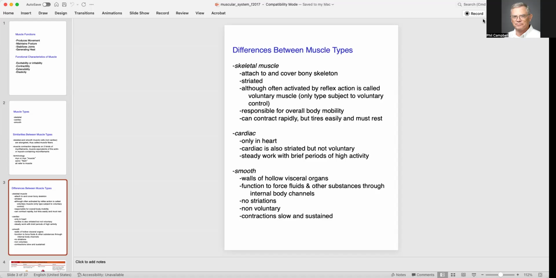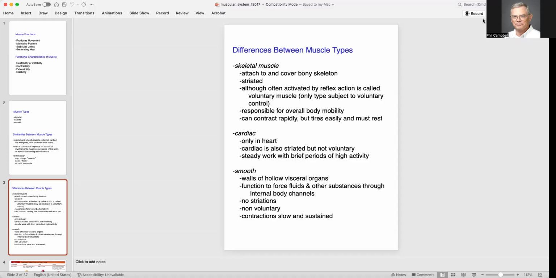Cardiac, you have the heart. It continuously works. Otherwise, you're dead. Therefore, it is working while you are unconscious, i.e. asleep. So therefore, it is under involuntary control. Smooth muscles are similarly under involuntary control because they are controlling processes that you do not have voluntary control over.